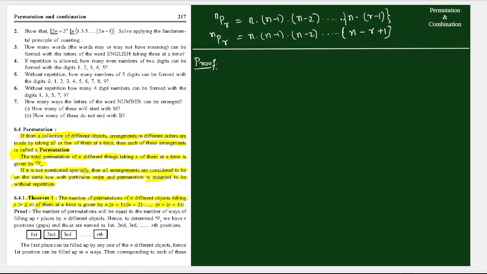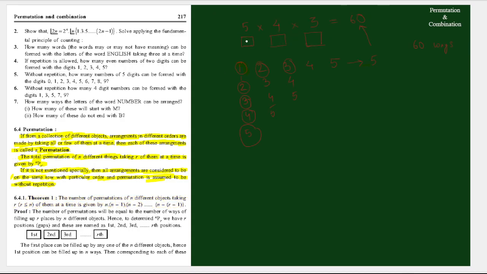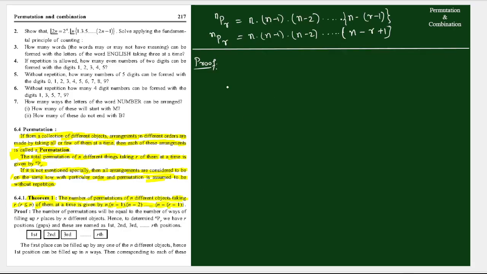Up to r place, because we are taking r at a time. In our previous example we had taken first, second, third place, so our r here is 3. So let's start our proof.